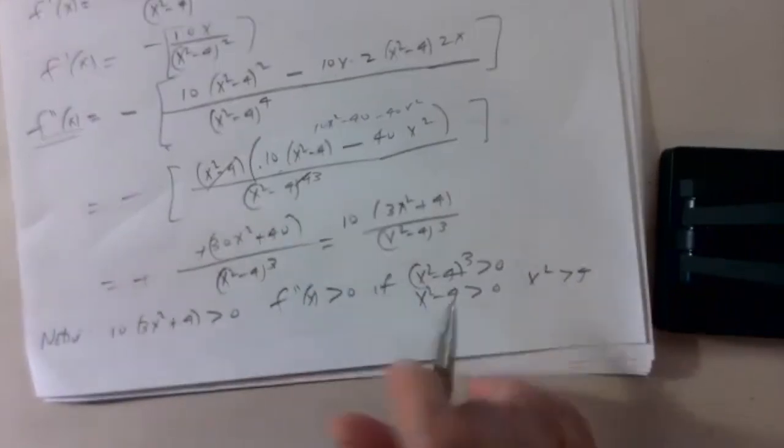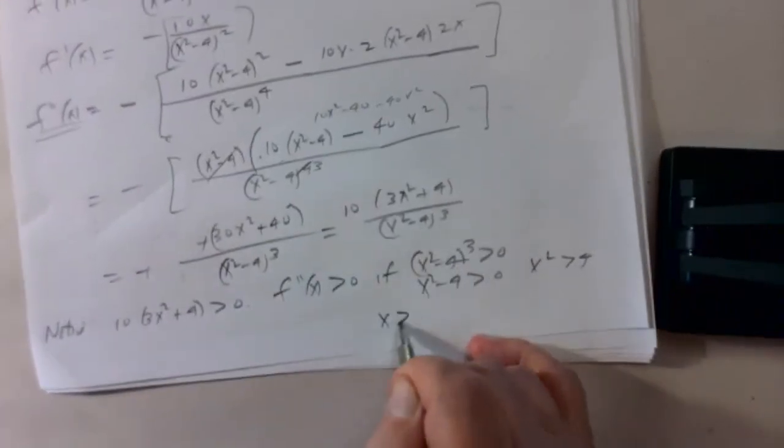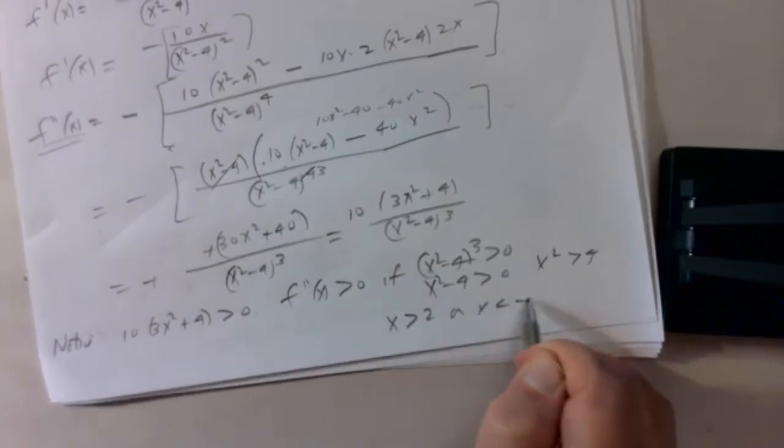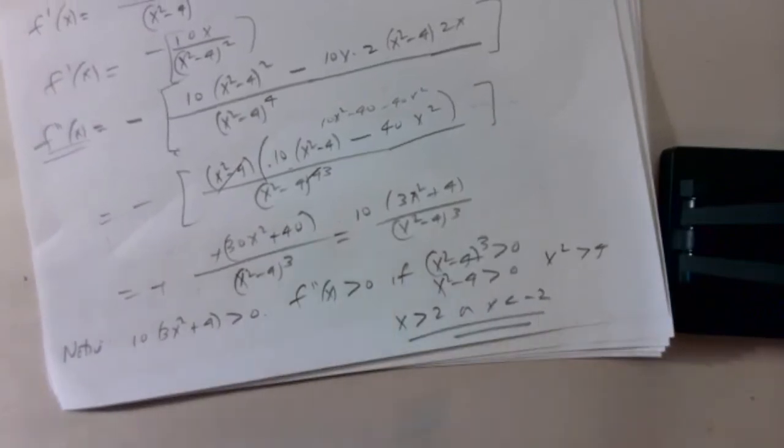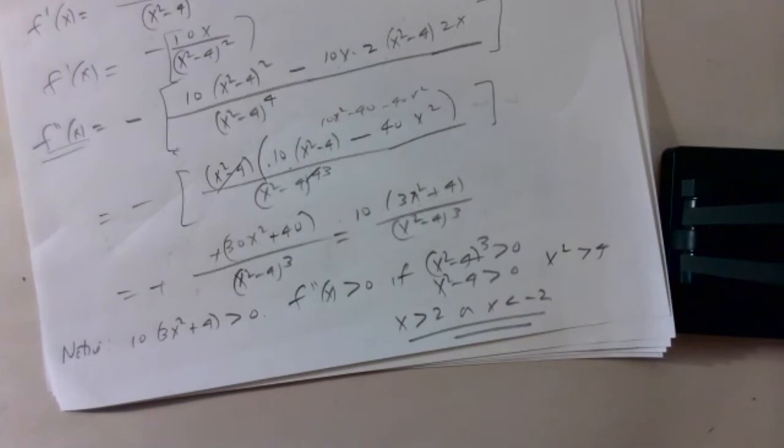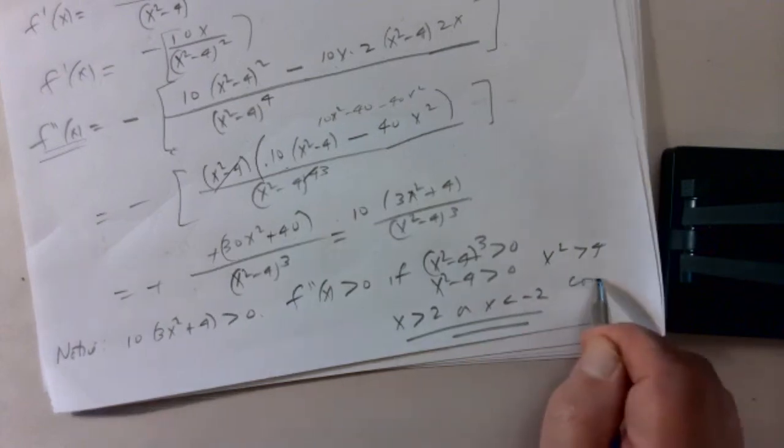X squared bigger than 4 means x is bigger than 2 or x is less than negative 2. So for x bigger than 2 or x less than negative 2, the second derivative is positive and the curve is concave up.